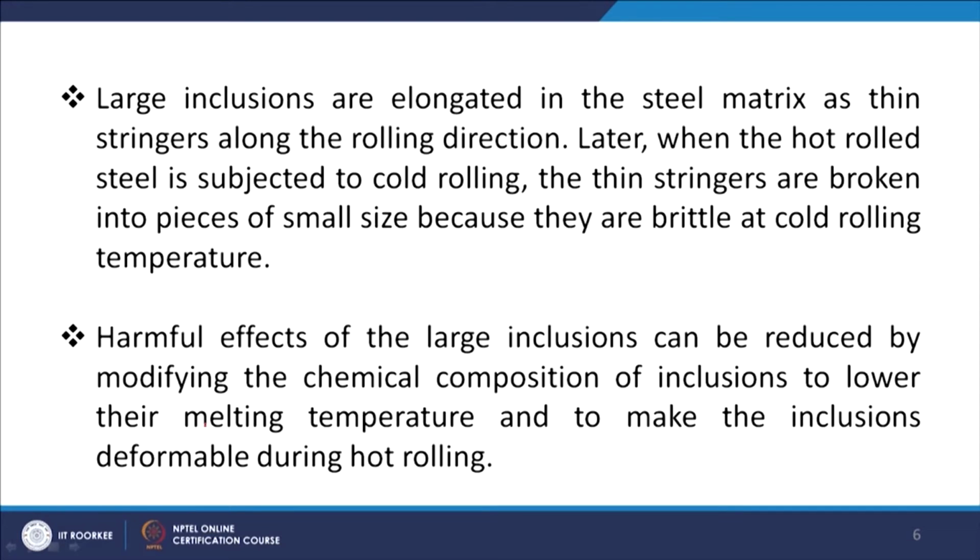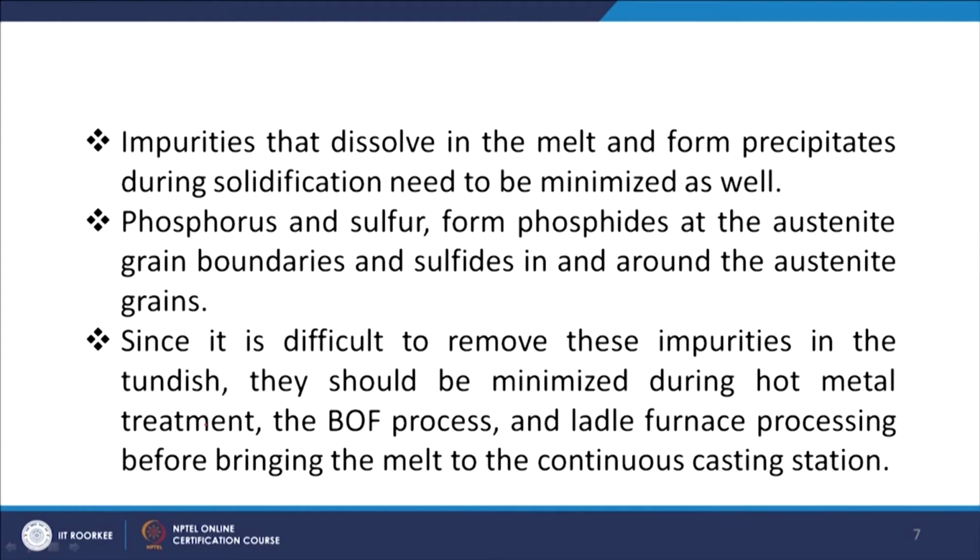So, if you have the larger inclusions, one way is to modify the chemical composition of the inclusion so that you can lower their melting temperature, and then the inclusions can be made deformable during hot rolling. One way to make their effect less and less harmful is by making these treatments.